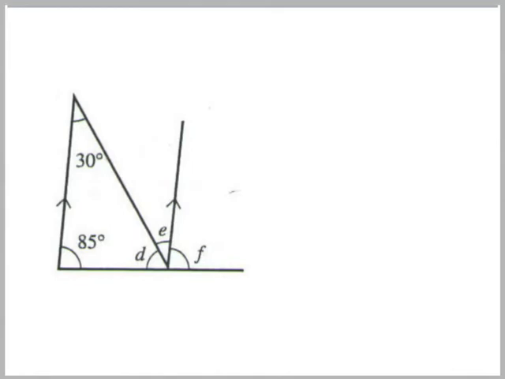Final example. So I need to find these three all in a little row next to each other, and I've got a triangle here in which I've got two of the angles. So if I add those two together I get 115, and to work out D then it must be 180 take away 115 to get 65 degrees.